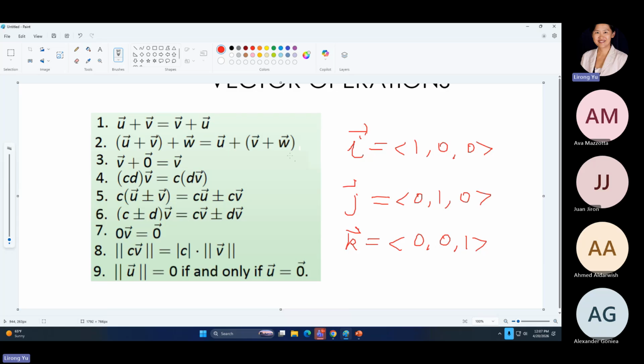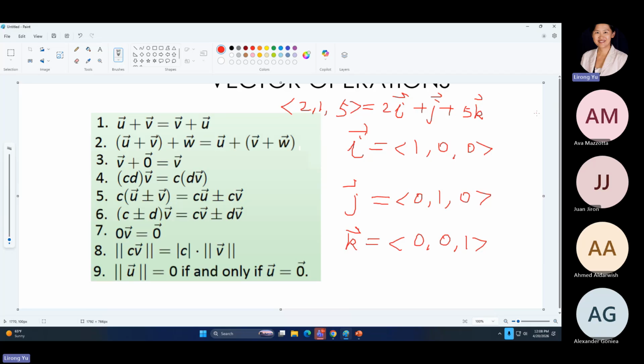This provides a component form, a vector form of all the components. For example, if you have the vector 2, 1, 5, you would write this as 2i plus j plus 5k. So any vector can be written as a linear combination of i, j, k.